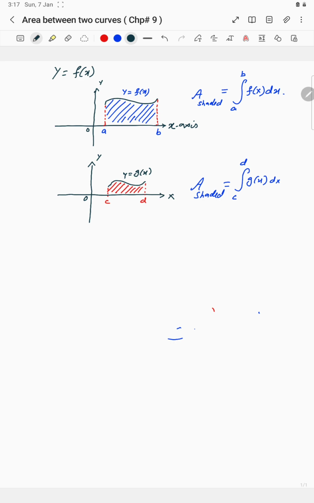Similarly, now I want to find the area between these two curves, like one is y equal to f of x and the other is y equal to g of x. Let's see the figure. The first curve was this, y equal to f of x, and suppose we have the other one as y equal to g of x.